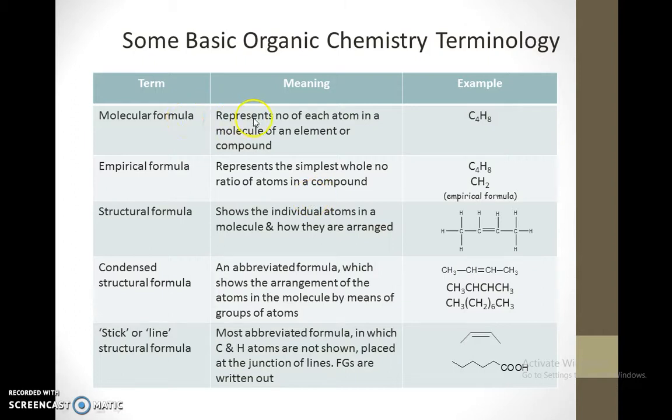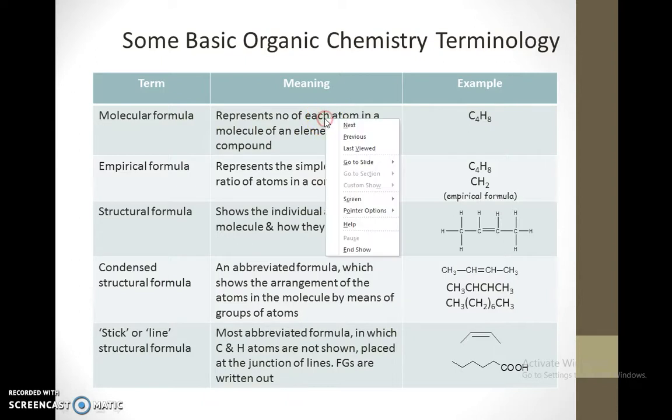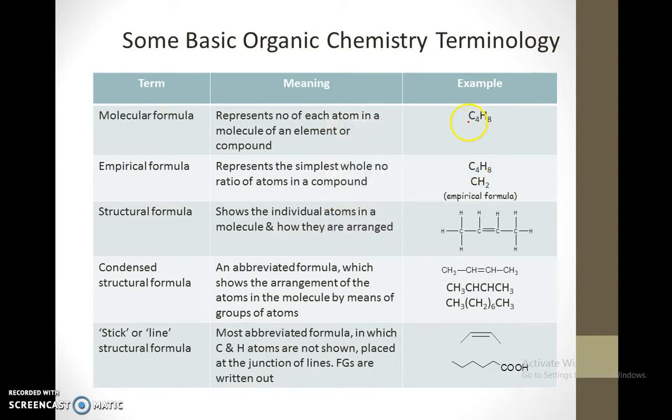Molecular formula represents the number of each atom in a molecule of any element or compound. For example, butene. The general formula of butene is CnH2n. Please do not confuse it with butane.